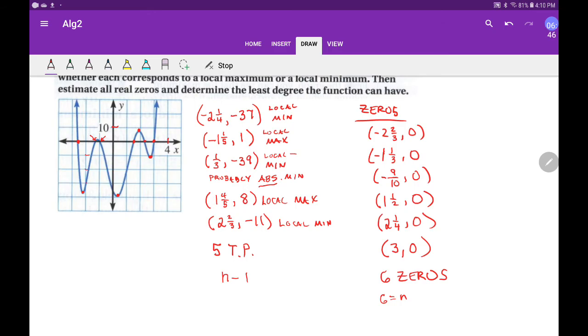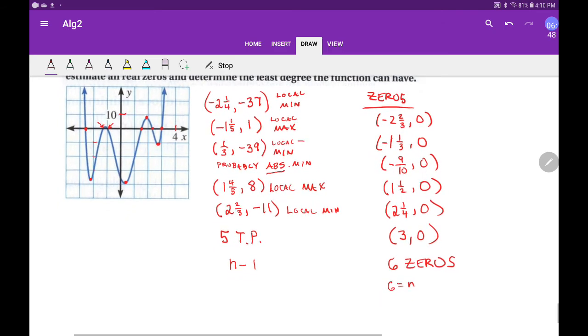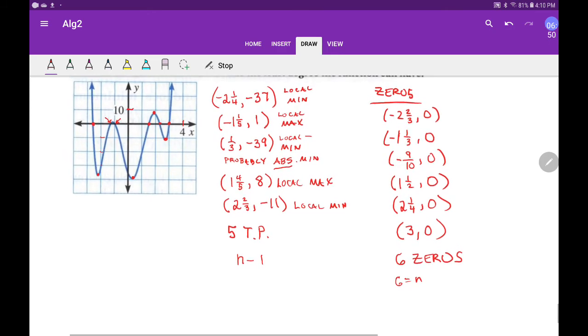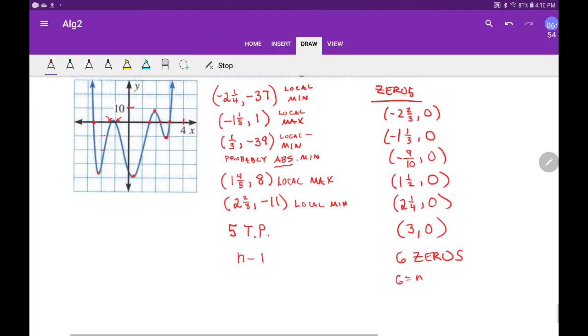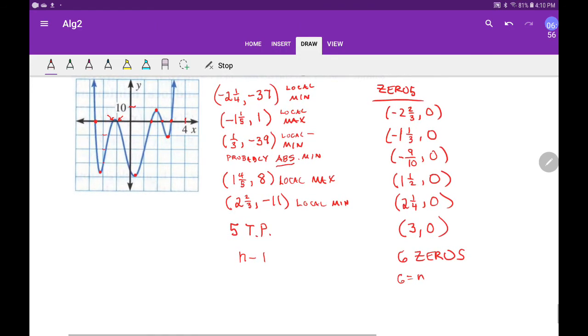This does hit the x-axis in 6 places, and there's nowhere I could draw the x-axis where it would hit more than 6 times. 6 is the maximum number. So I'm going to say this is a 6th degree polynomial. That is the smallest I could get away with.